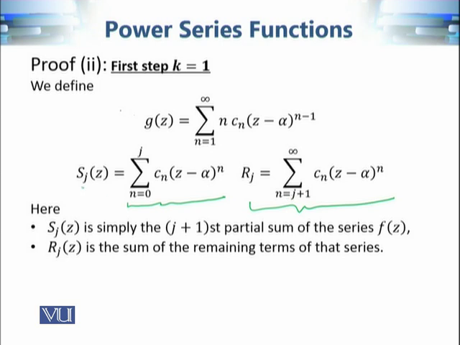Now this Sj can be considered as the j plus first partial sum of the series, and of course if j approaches infinity, then this Sj(z) is nothing but f of z, and this Rj is basically the rest of the terms. Now the most important observation about this Sj is that it is a polynomial, because there are finitely many terms in Sj, and we are going to use this fact in our proof.